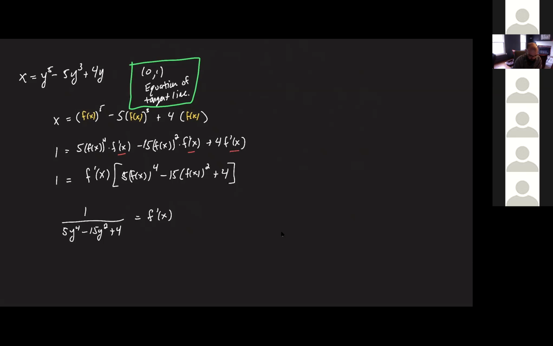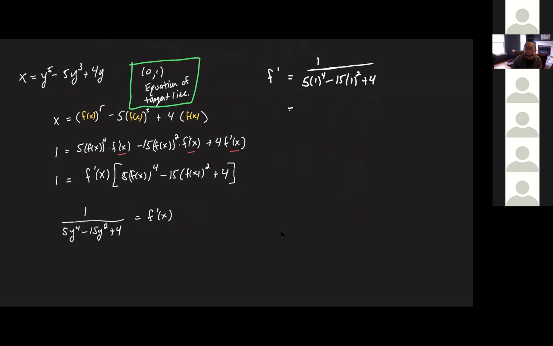Our slope is going to be given by f prime, and we get 1 over 5 times 1 to the 4th minus 15 times 1 squared plus 4. All of that's over that.